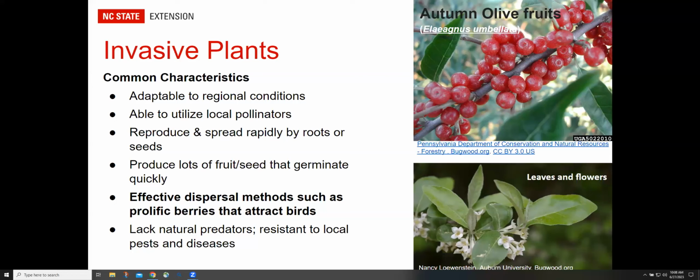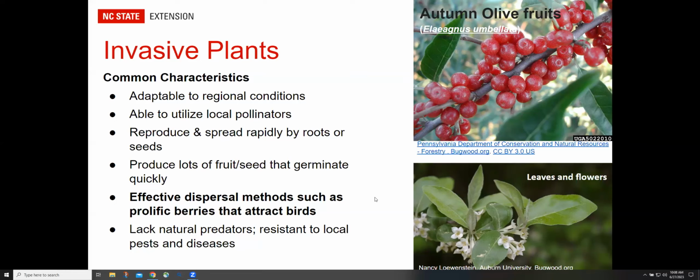And because this is just really sugar in these autumn olive fruits, there's no protein or some of the other more complex calorie sources that we find in some of our native fruits, then they run out of energy in their migration. So not only do the fruits attract the birds who then help spread the invasive plant, but it's just bad for the birds. And like us, they're going to prefer these fruits because they taste really good and they're nice and sweet. So these are things we don't want to have in our environment.